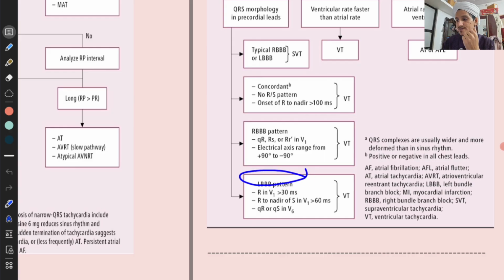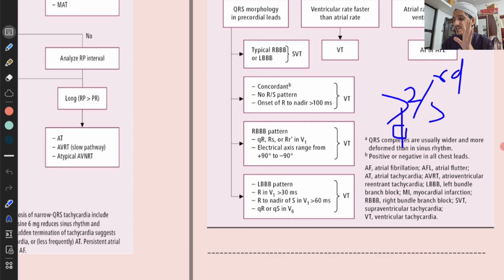The R wave in V1 will be more than 30 milliseconds, meaning more than 2/3 of one small square. Why?